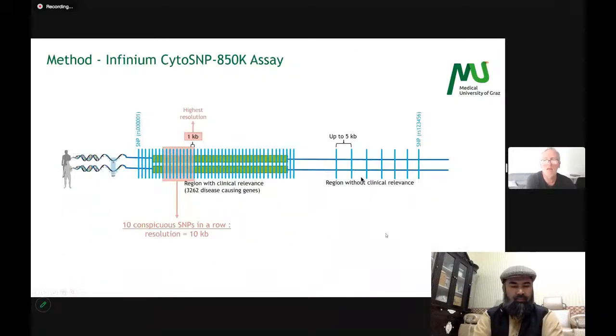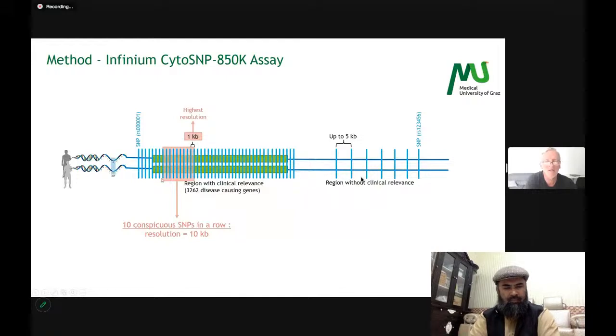But about 5 years ago we switched to Infinium CytoSNP 850K assays, which is a SNP array, a high resolution method to detect imbalances on the genome. You see the highest resolution would actually be 1 kb, which is really very good in regions with clinical relevance.